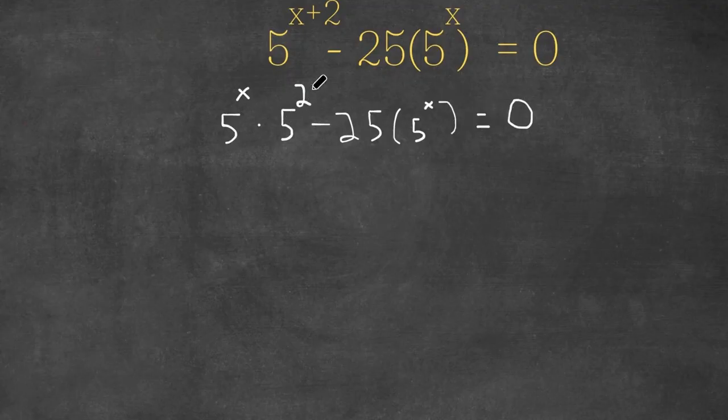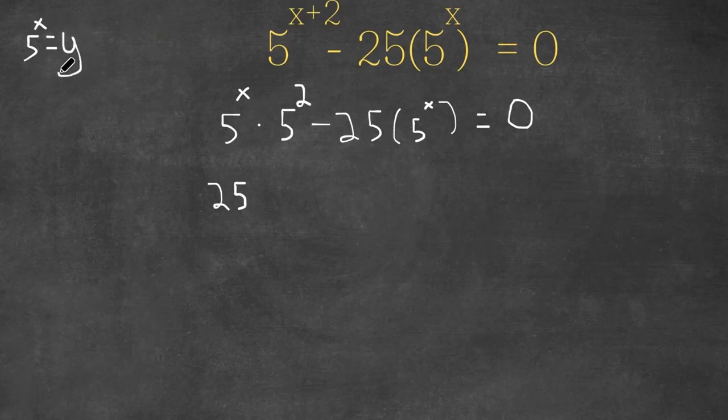All right, so we know that 5 squared is 25, and we have to multiply this with 5 to the power of x. Well, because there's 5 to the power of x's here, why don't we just set 5 to the power of x equal to the variable y?